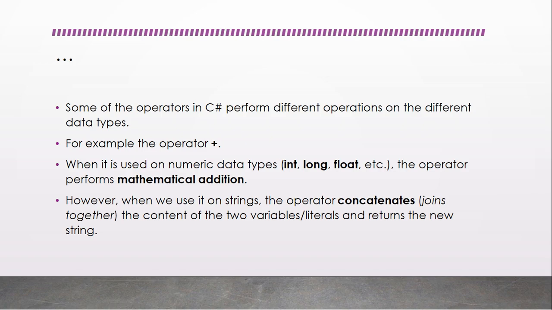Some operators in C# perform different operations on different data types. For example, the plus operator on numerical data types is used for mathematical addition, while for strings it concatenates the content of two variables or literals and returns a new string.